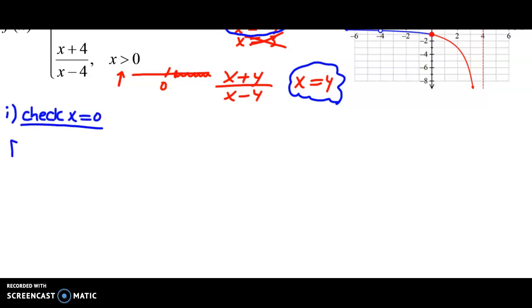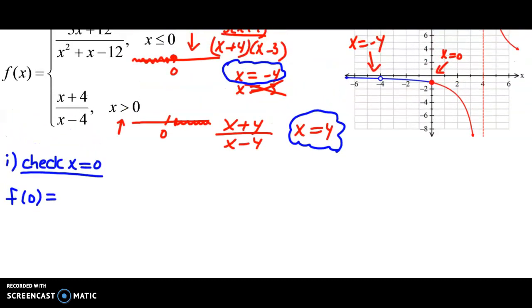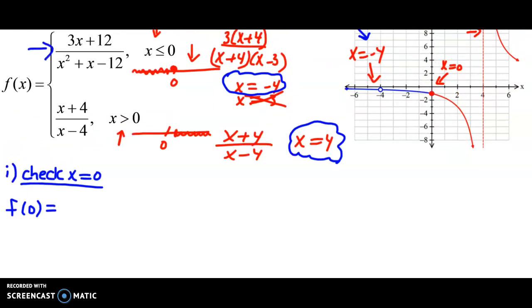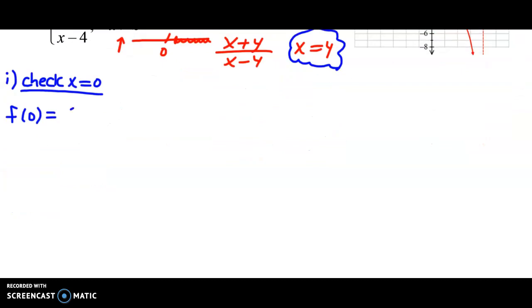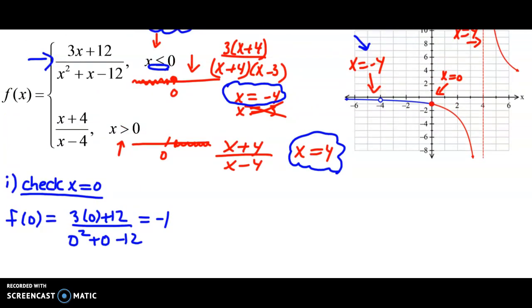And the first thing I'm going to do is evaluate the function at 0. Now if it equals 0, then I know that I'm going to choose this function because of the equal sign. So I have 3 brackets 0 plus 12 over 0 squared plus 0 minus 12, which evaluates to be -1. And again, if you look at the point, I can see the y value is -1.